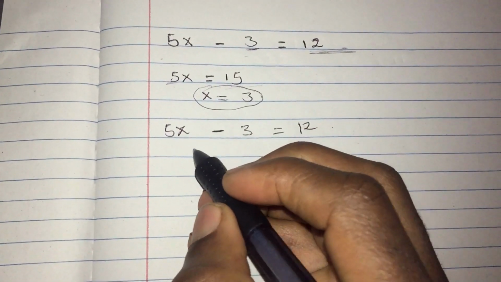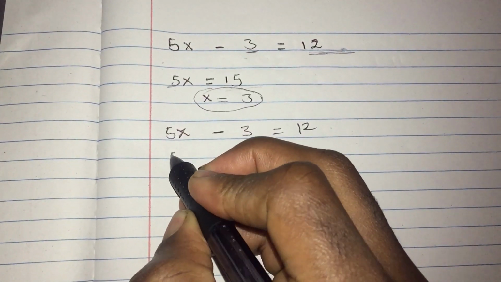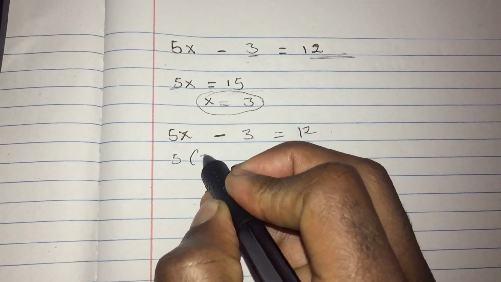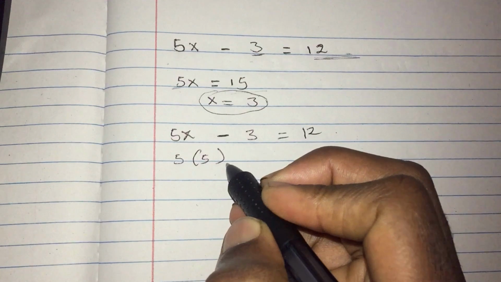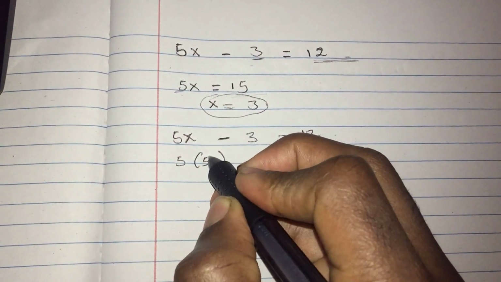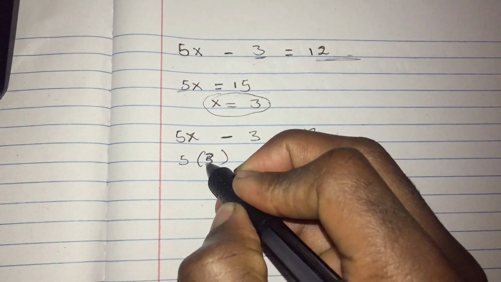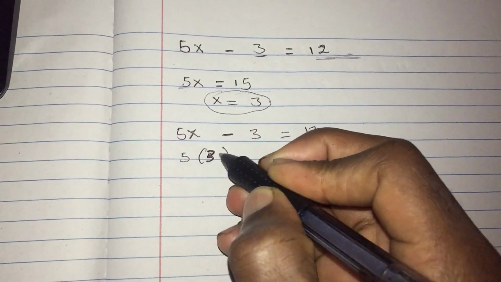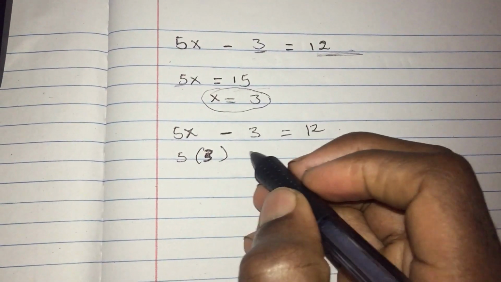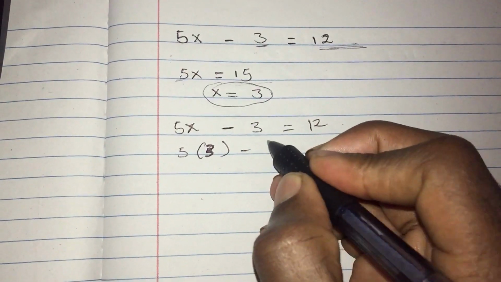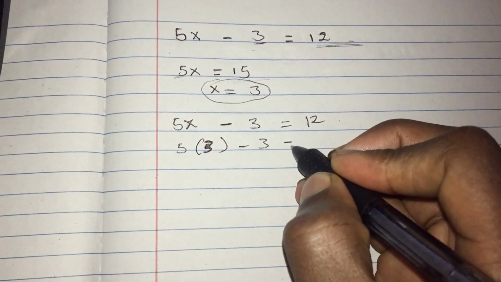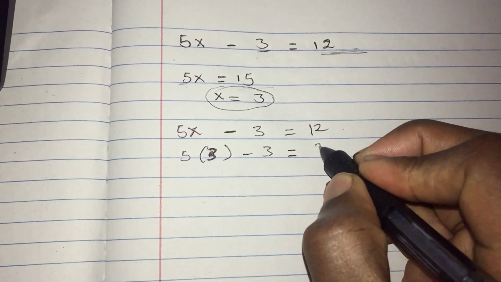We are going to write 5 bracket 3, since we have x equals 3, it's 3 inside, minus 3 equals 12.